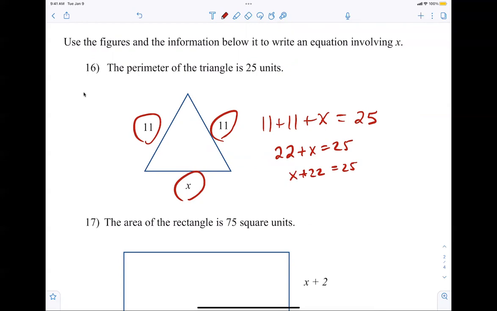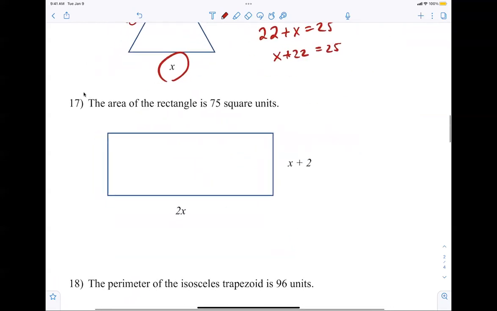All right. So now, Mr. Cappy, the area of the rectangle is 75 square units. So how do I write that? X squared. Well, no, so how do I find the area? That's perimeter. So how do I find area? How do you find the area of a rectangle? And if you don't remember, it's okay. The area of a rectangle is always length times width.